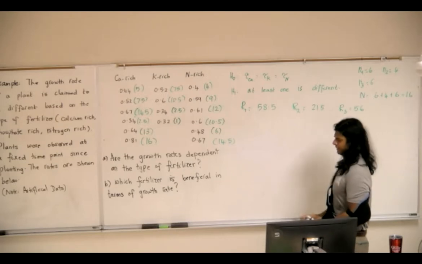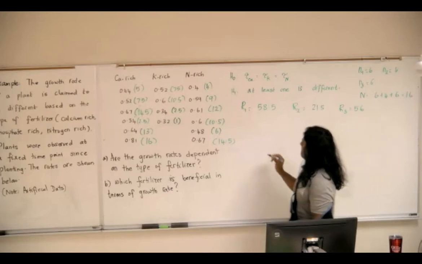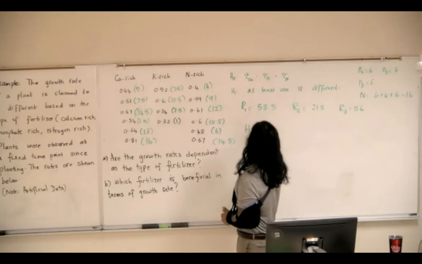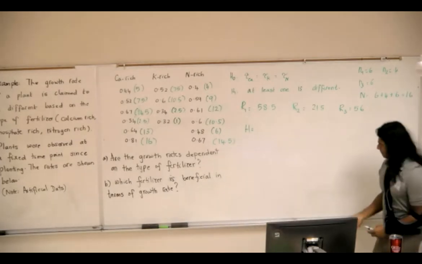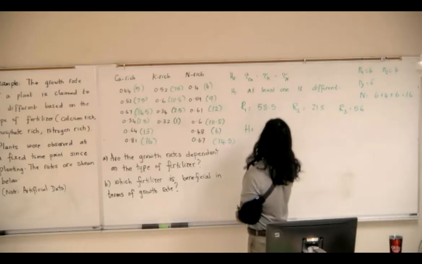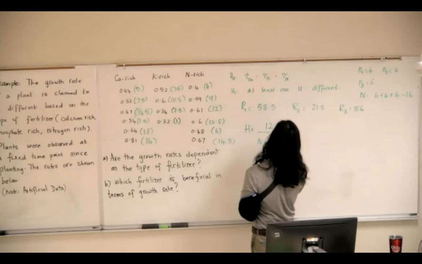Now, how do we define H? Well, H is 12 divided by n times n plus 1.